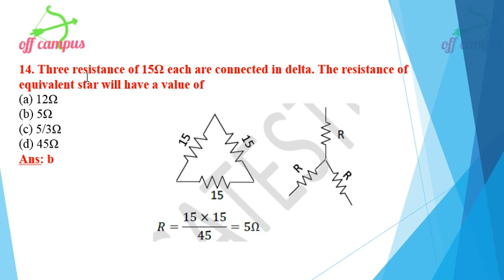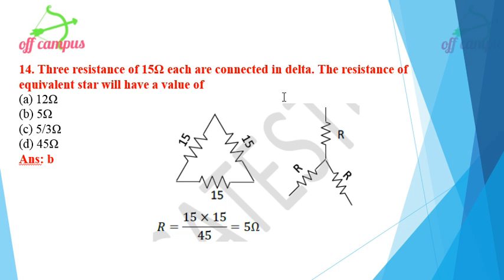Then question number 14. 3 resistances of 15 ohm each are connected in delta. The resistance of the equivalent star will have a value of, so if 3 resistances are equal, we have one simple formula.